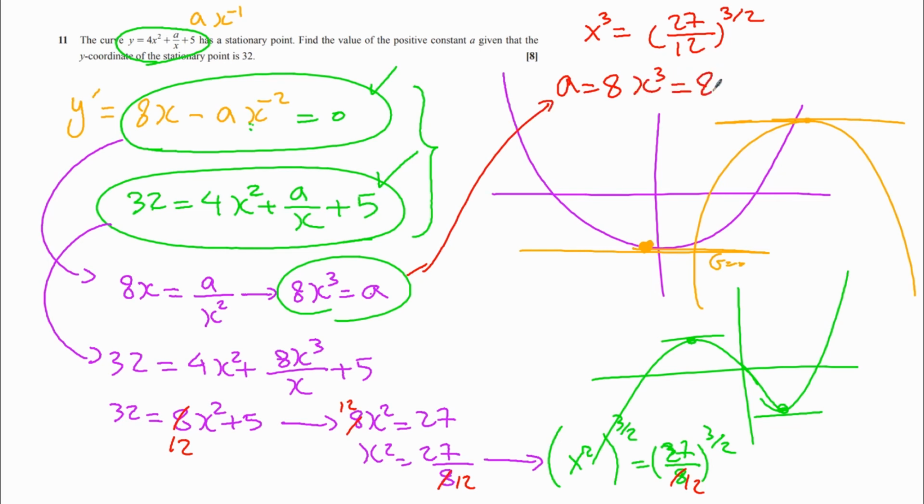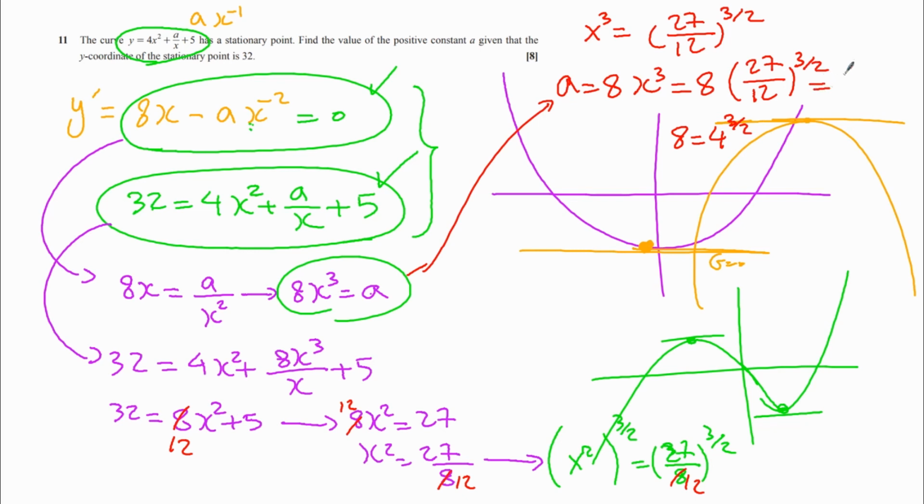So that would be 8 times 27 over 12 to the power of 3 over 2. But we know that 8 itself equals 4 to the power of 3 over 2, because 4 itself is 2 squared, and to the power of 3 over 2 would be 2 to the power of 3, which is 8. So for 8, I can write 4 to the power of 3 over 2.